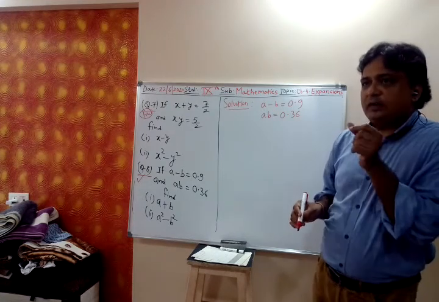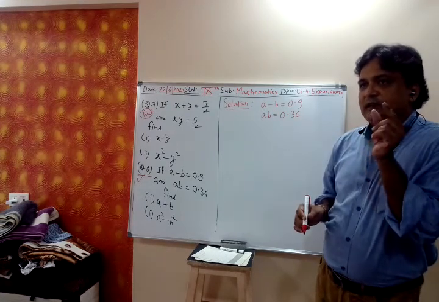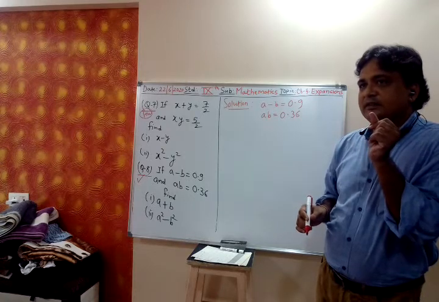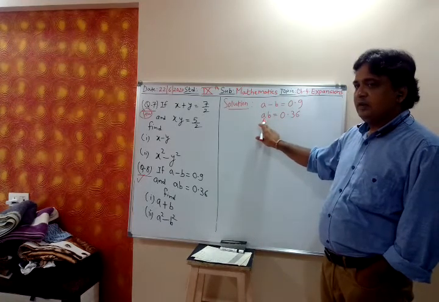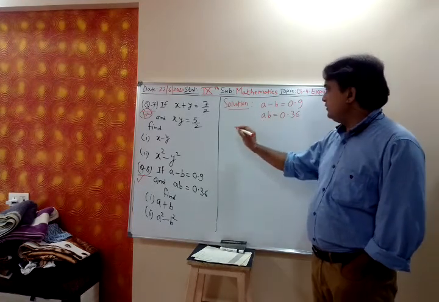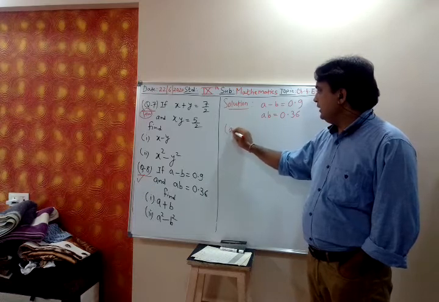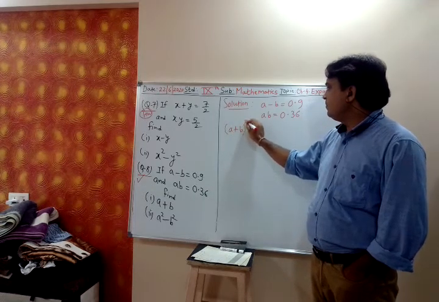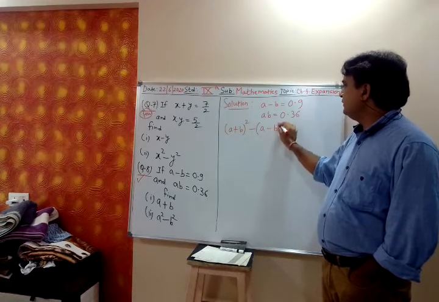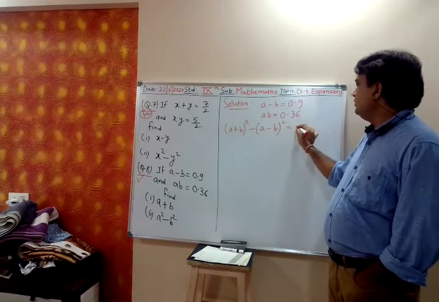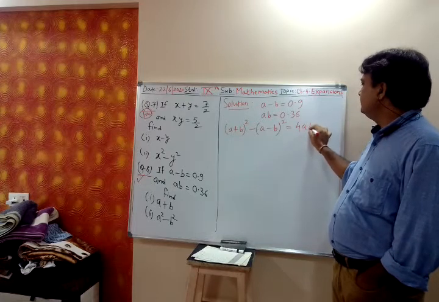So in which formula is there a minus b and a plus b? Third formula and fourth formula, no. And ab is there in that formula. So we use the formula a plus b whole square minus a minus b whole square is equal to 4ab.